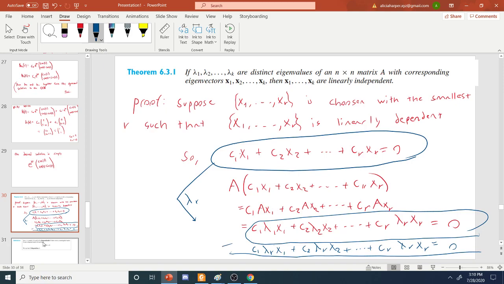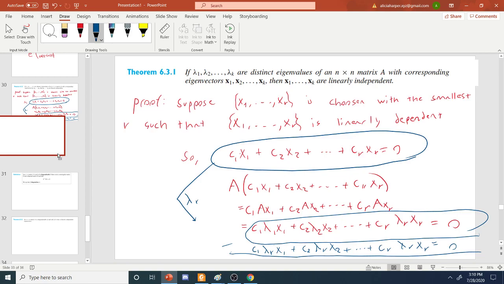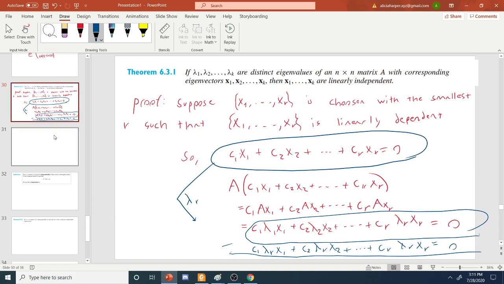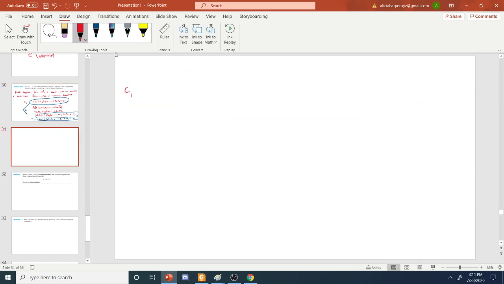And what I can do is subtract them. If I subtract them, then I get c1 times (lambda 1 minus lambda r) times x1, plus c2 times (lambda 2 minus lambda r) times x2, and so on up to c(r minus 1) times (lambda r minus 1 minus lambda r) times x(r minus 1), is equal to 0.